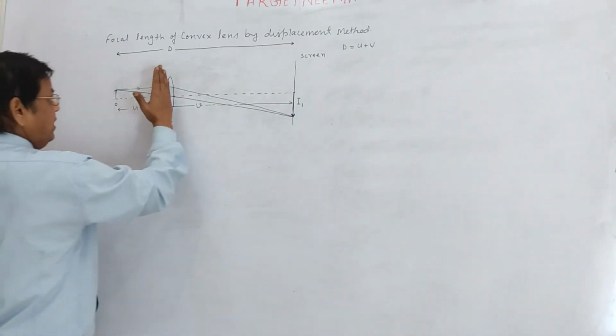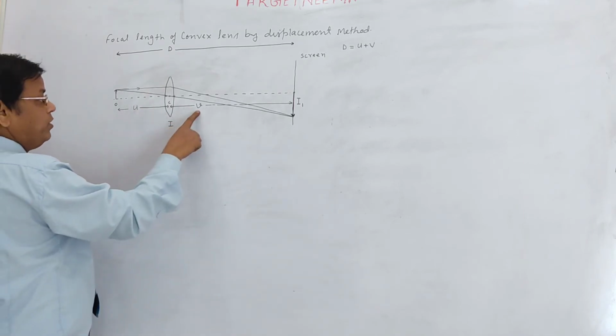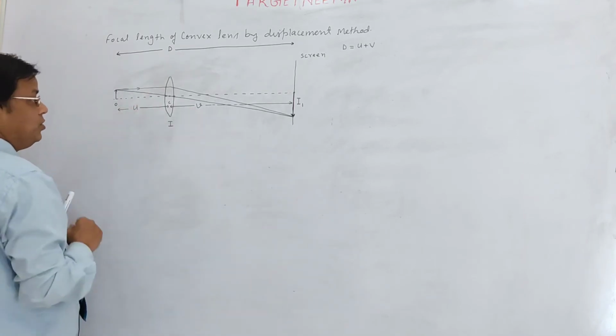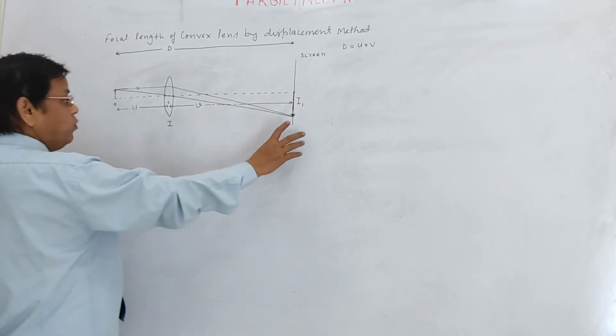Now if you shift the lens so that v becomes u and u becomes v, meaning these two get interchanged, then again you will see that an image of this real object is formed on the screen.